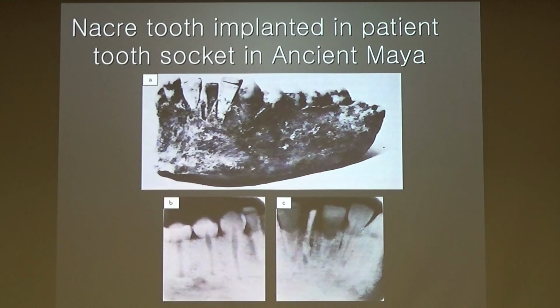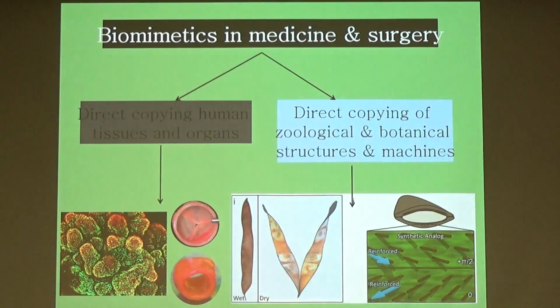And nacre has this wonderful property: when it's inserted into living human bone, into a defect, there won't be any immunological reaction to the nacre, and it will fuse to the bone. The bone will actually grow onto the nacre very tightly, which is a phenomenal property. That was used by the ancient Mayans thousands of years ago.